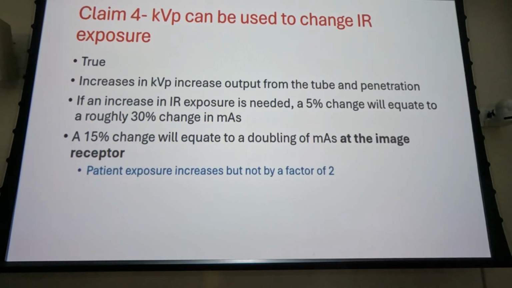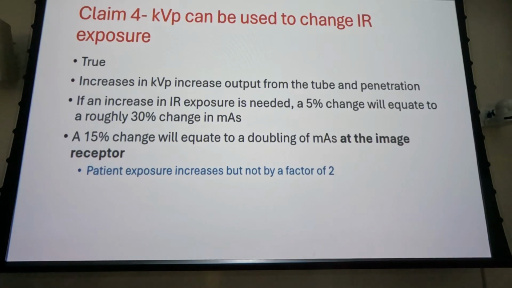So claim number 4, kVp can be used to change image receptor exposure. True. Yes, it can, because if you increase your kVp by 15%, and again, that's the only thing that you do, then what happens to the image receptor exposure? It doubles, right.